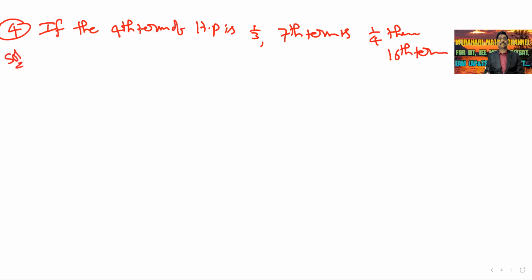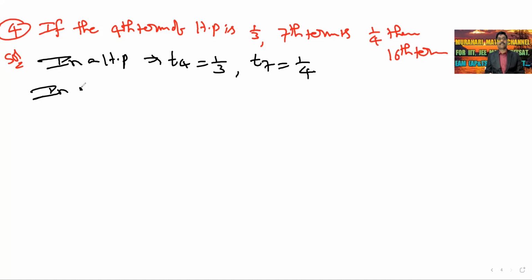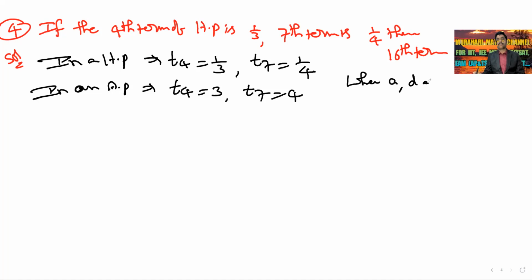In a harmonic progression, the fourth term T4 is equal to 1/3 and the seventh term T7 is equal to 1/4. In an AP, the reciprocal of the HP, the fourth term is 3 and the seventh term is 4, where A and D are the first term and common difference of the AP.